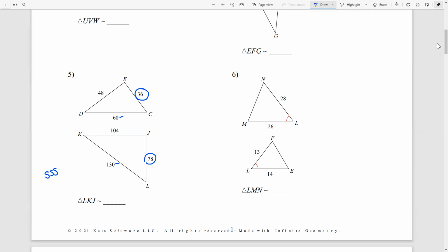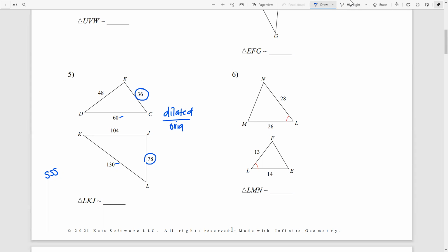So let's check. We check with our proportional sides, remembering by setting up my dilated side over my original side. So we're going to use my larger triangle as my dilated over original, and set it equal to another set of sides.